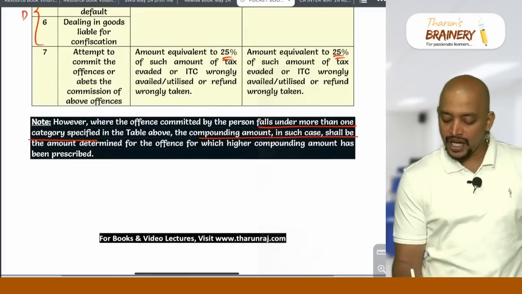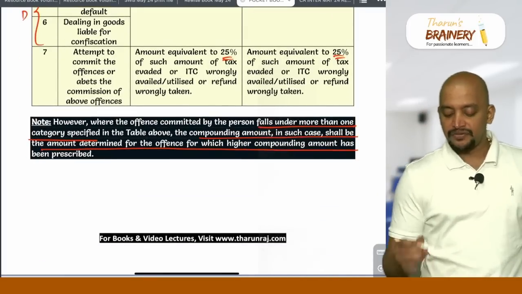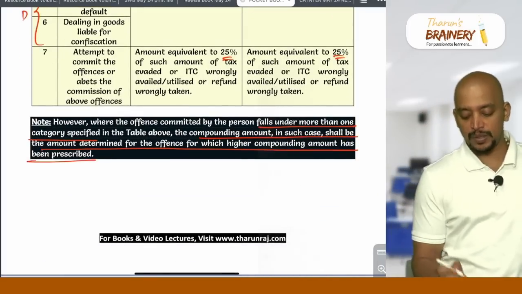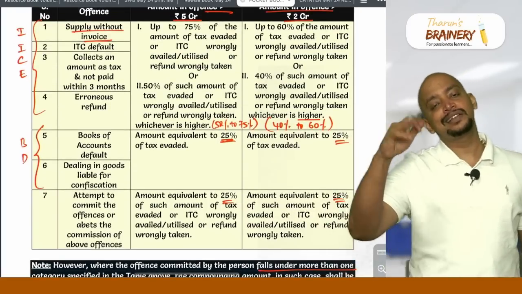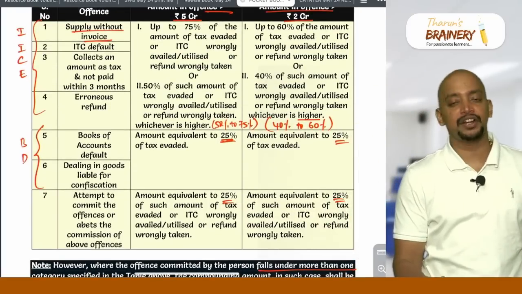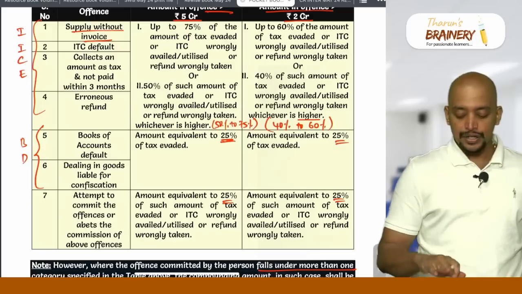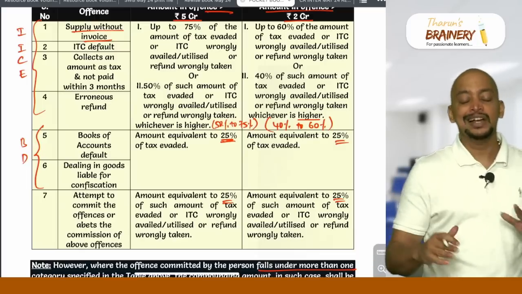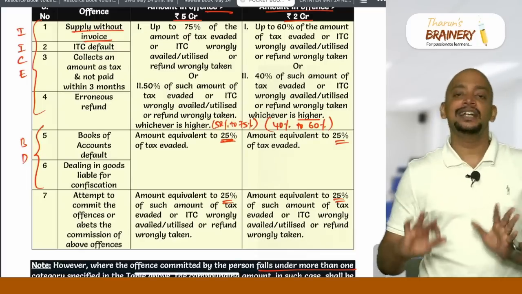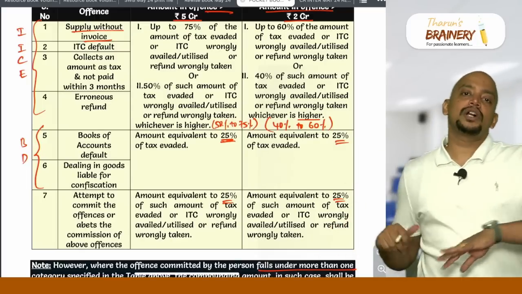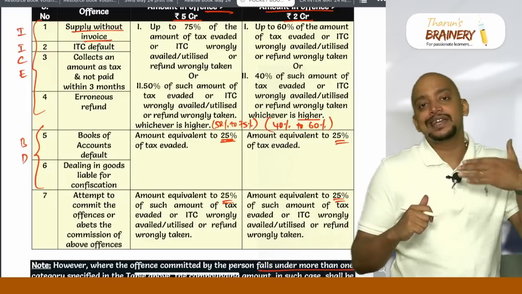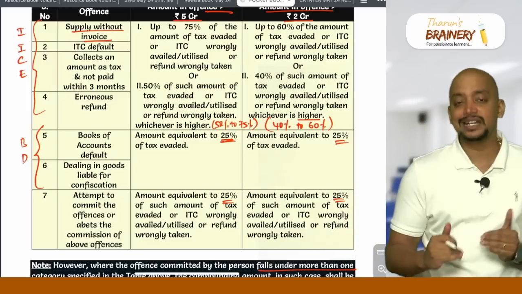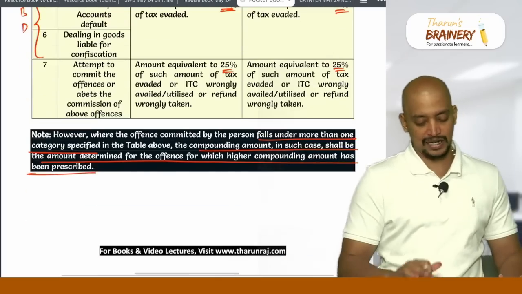The compounding amount shall be the amount determined for which higher compounding amount has been prescribed. So you go with the higher compounding amount, 50 to 75 or 40 to 60. So this 25% will not be applicable. Whatever compounding fee for ICE, that will only be taken, and the BD-related compounding fee will not be taken. That is what they have given.